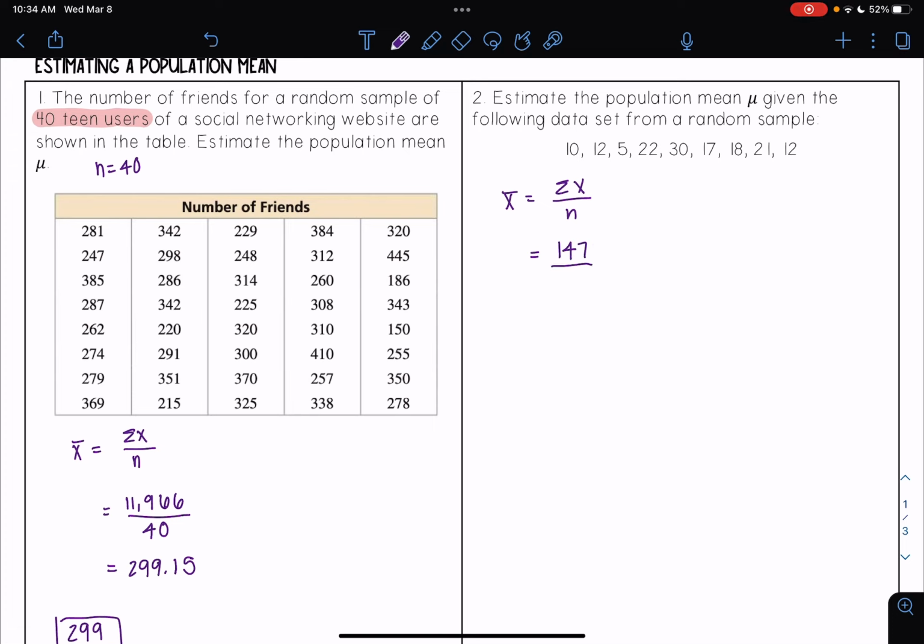And then to find the sample size, I just need to count how many elements I have. So I have 1, 2, 3, 4, 5, 6, 7, 8, 9 in my sample size. And so when I divide this by 9, I get approximately 16.34.